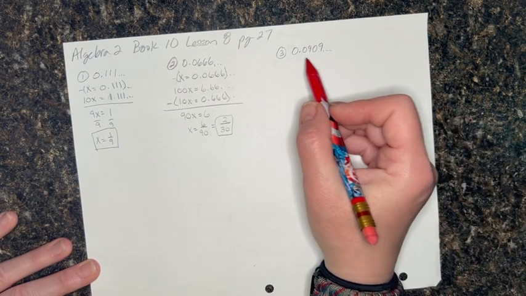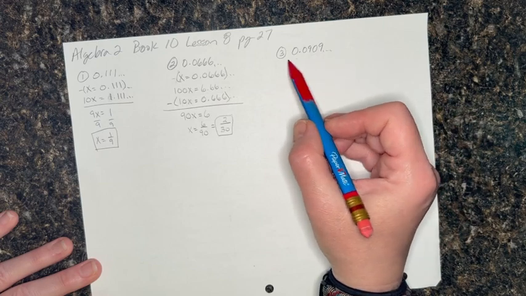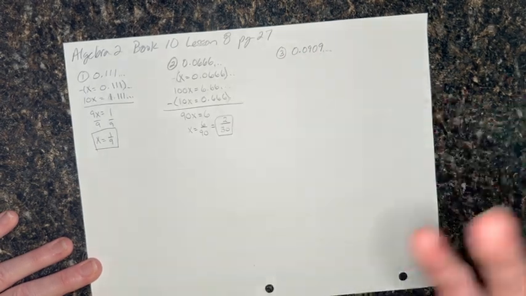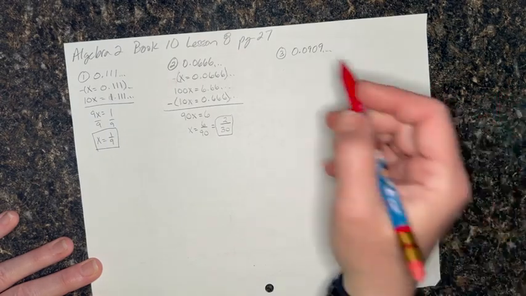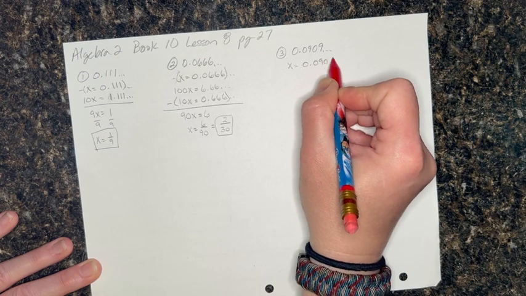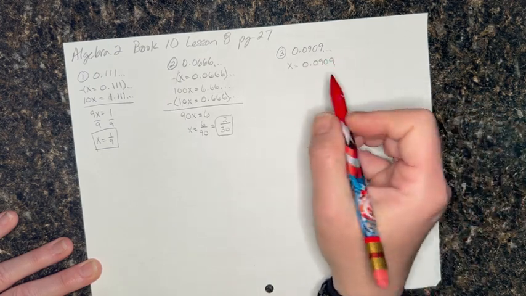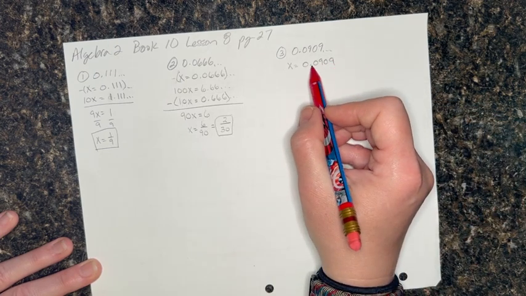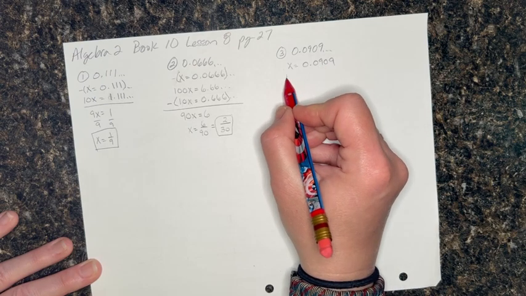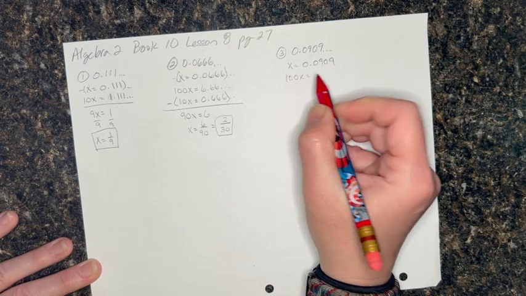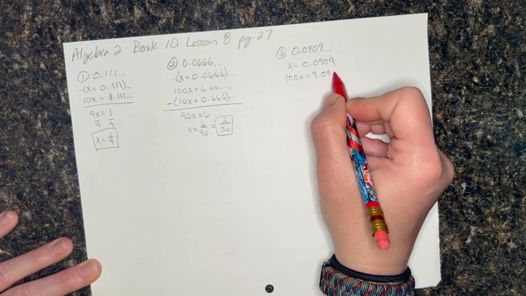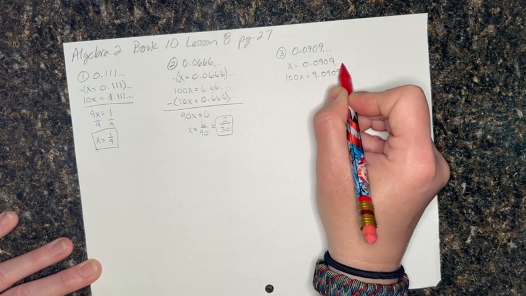Okay? Number 3, we have 0.0909090909, okay? So my x is going to be equal to 0.09090909, right? But to get this out, again, I need to multiply by 100. So 100x is going to be equal to 9.090909, repeating forever.